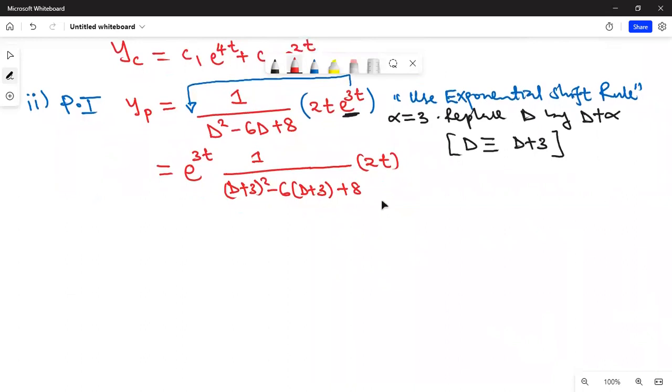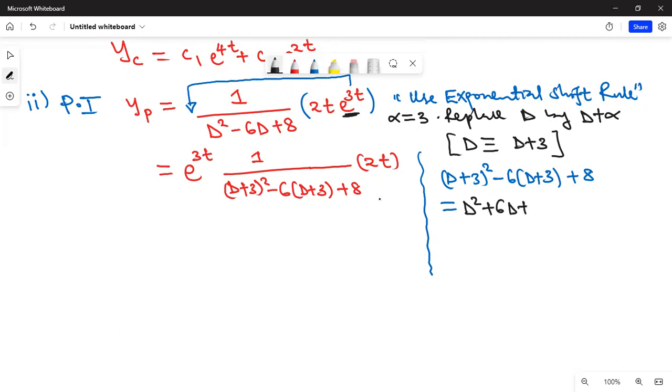So let me work out the denominator. I'll write here d plus 3 squared minus 6 into d plus 3 plus 8. What is it equal to? It will be d squared plus 6d plus 9 minus 6d minus 18 plus 8.